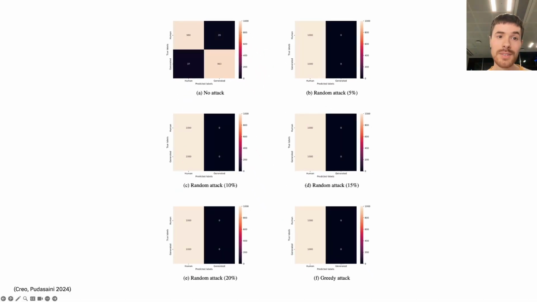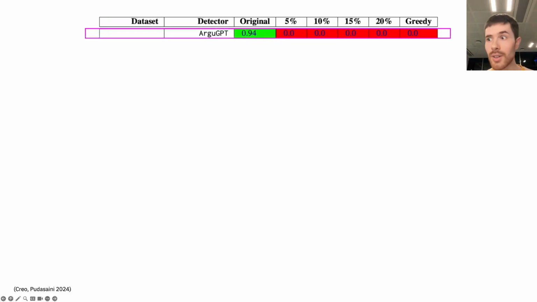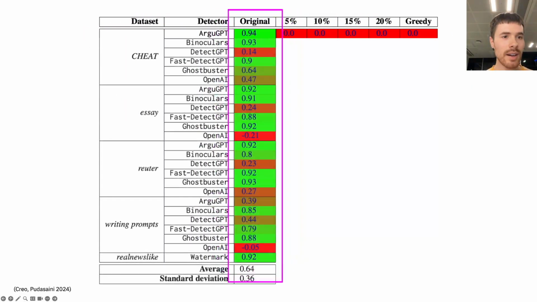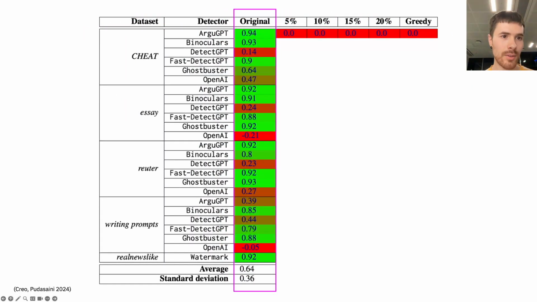This is what happens. Everything is classified as human in this case. But, well, you could say, oh, okay, maybe you just cherry-picked a specific example, maybe this is the case for this detector, but it doesn't work in general. Could be. Let's see what happens. So here I studied a lot of detectors in different data sets, and I was taking a look at what their original scores were. You can see them on the left here, right?